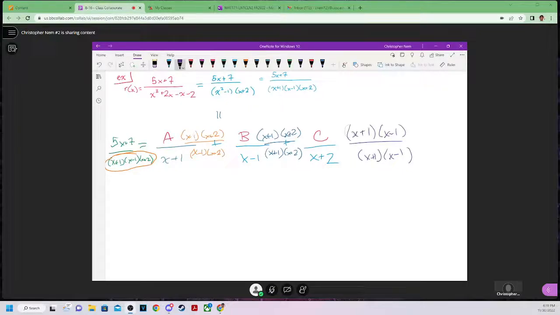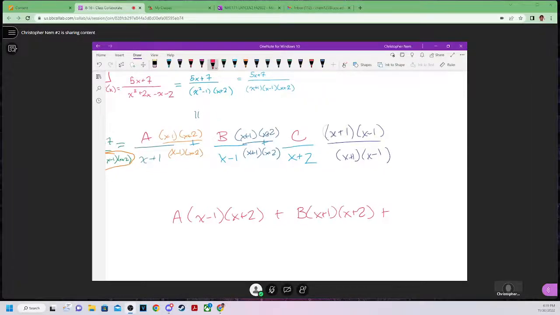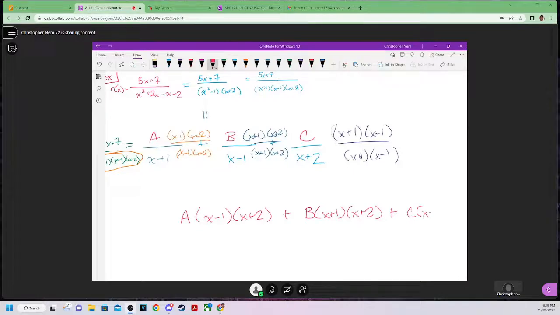Now, when we have the same least common denominator with three fractions, when you add those fractions together, all you're actually doing is adding the numerator. So go ahead and write the numerators down. We have A times x minus 1 times x plus 2 plus B times x plus 1, x plus 2 plus C times x minus 1, x plus 1.